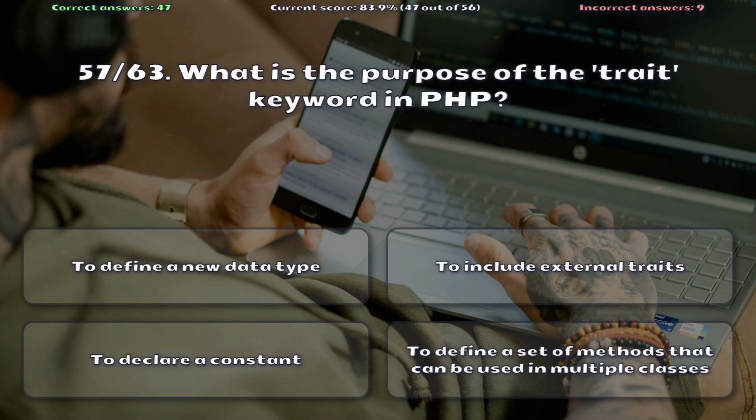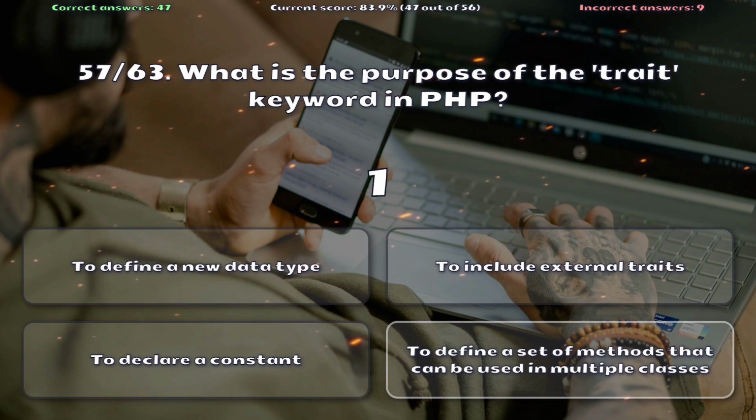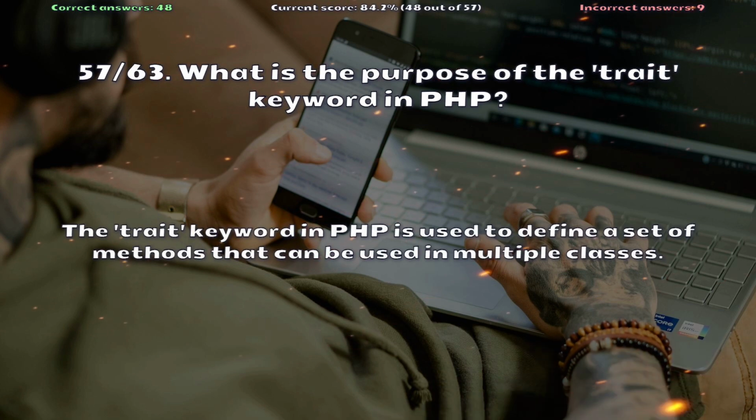What is the purpose of the trait keyword in PHP? The trait keyword in PHP is used to define a set of methods that can be used in multiple classes.